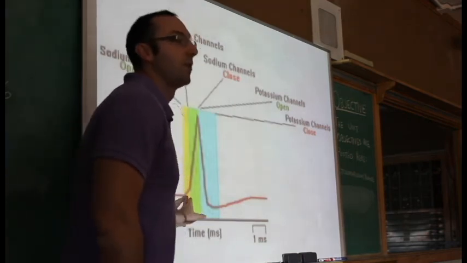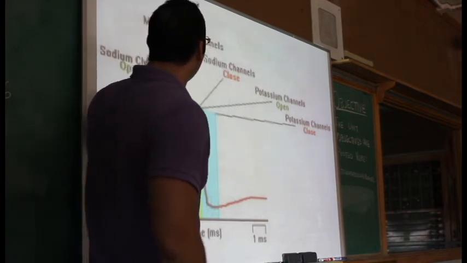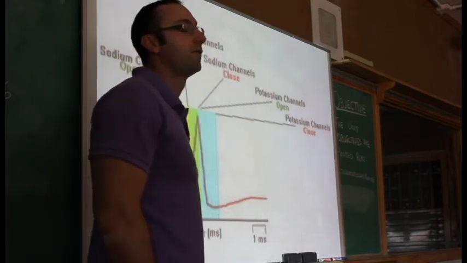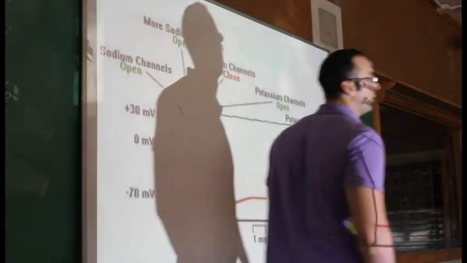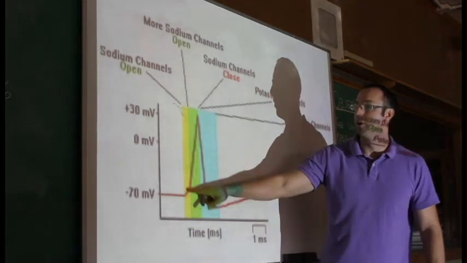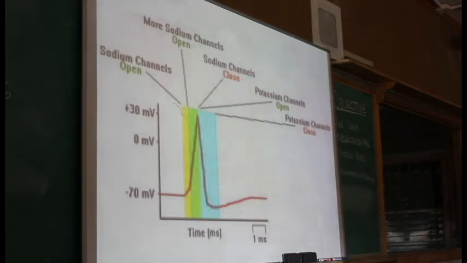Once threshold has been reached, sodium channels open and they stimulate more sodium channels to open, those are called voltage-gated ion channels. So because of a change in voltage here in the yellow phase, where sodium channels open, it stimulates other voltage-gated ion channels to open up and allows sodium to flood into the nerve cell.